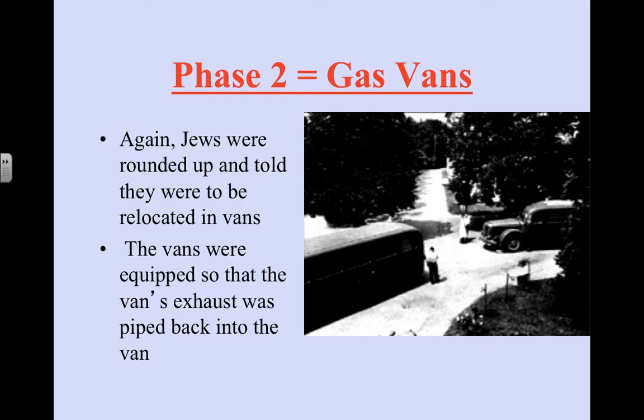The back of a school bus, it smells really bad. So instead of going out into the air, that dangerous gas was brought back into the van to suffocate the Jews. 700,000 Jews were killed in vans.